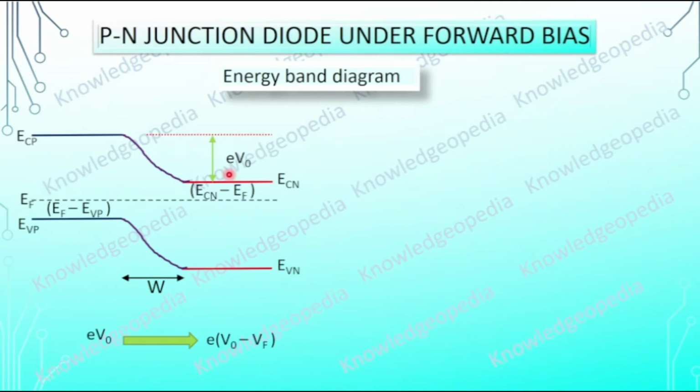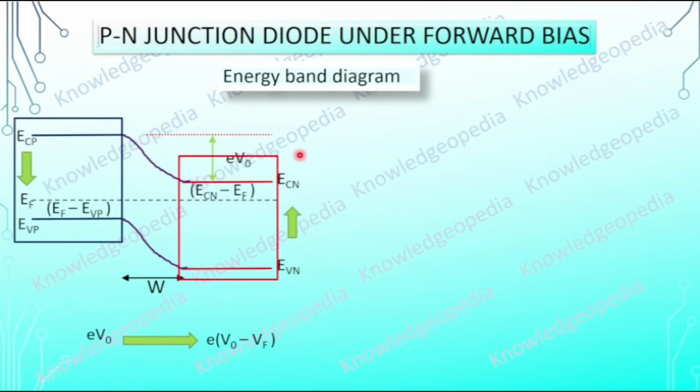Right, they should move towards each other. So this is at a higher side, and this red one is for n-type, which is at a lower energy, you can see. If they move towards each other, this should come down, and this should go up.